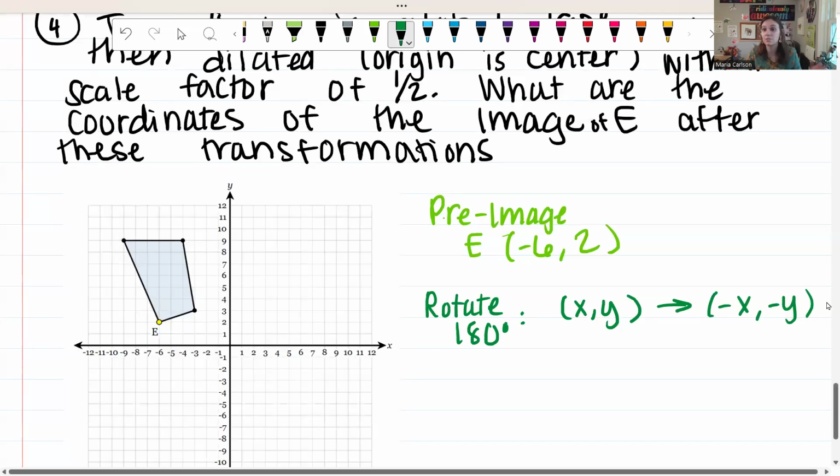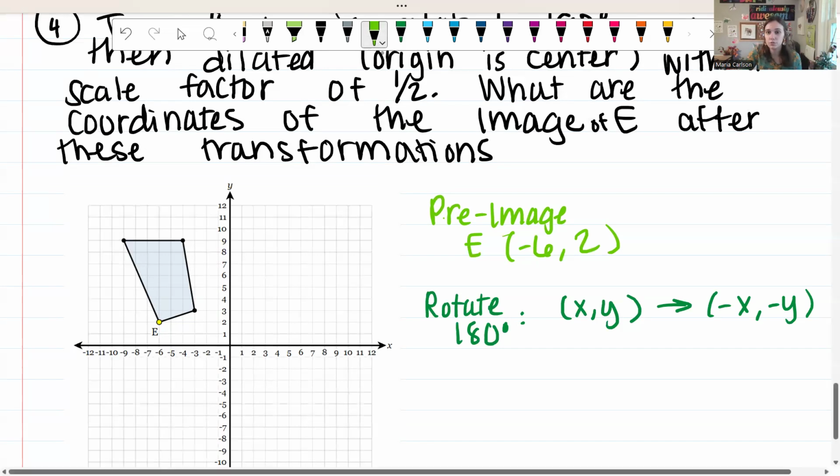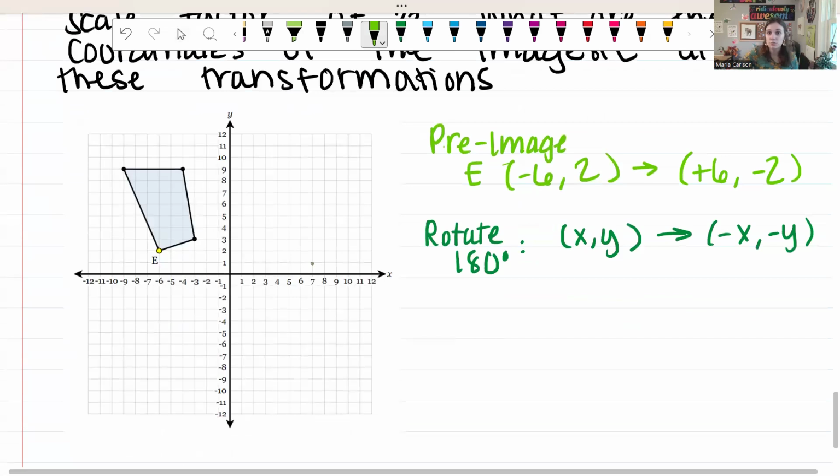And that's because it's rotated 90 degrees clockwise twice, or 90 degrees counterclockwise twice. So this point, -6, 2, both of those signs are going to flip. So it's going to be 6, comma, -2. So this is just rotated 180 degrees. So that's going to be at 6, -2 here.